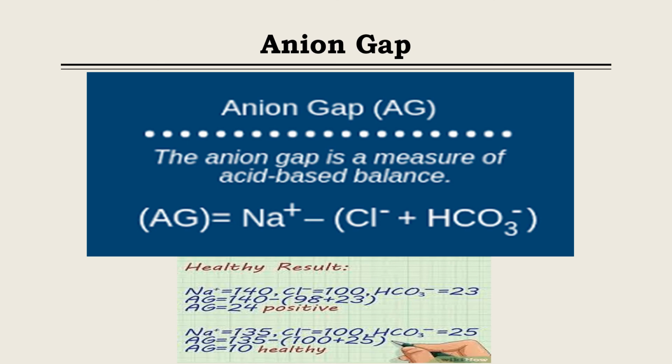So if you have a patient with high anion gap metabolic acidosis, the toxic causes could be methanol, ethanol, ethylene glycol, propylene glycol, salicylate, and iron. This is the very basic information about the anion gap.